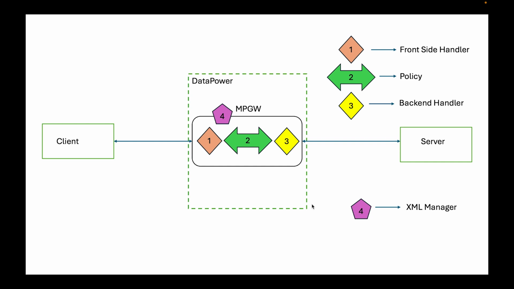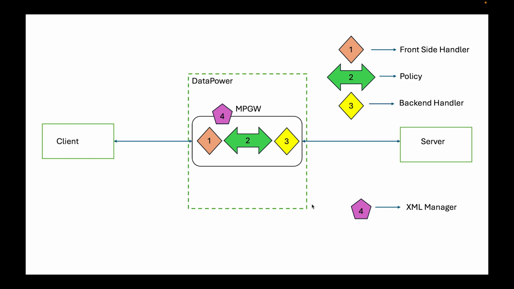If you have something related to caching that you want to cache on DataPower, the XML Manager is the place to go. Sometimes when the backend requires some kind of credentials that you cannot supply with policy, XML Manager is a place where you can embed them. So these are some of the scenarios where XML Manager can be used.